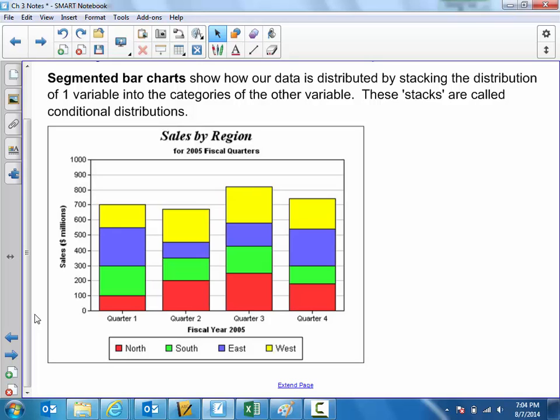So you've got two data values tracked here. You've got sales by region, I assume, for some company in the 2005 fiscal quarters, which, I told you guys, I'm not much of a finance guy. I don't think that's January through March, and April through June. I think the fiscal year stops in March or something like that, but whatever.